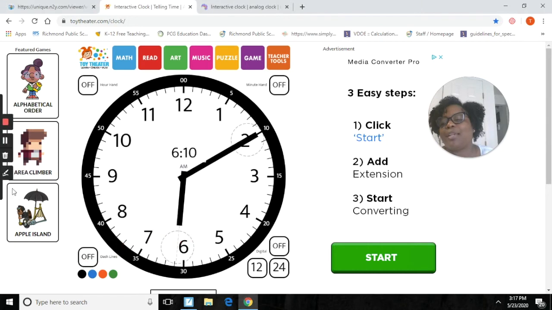Hold on. Let me take it off. Just because our hour hand is not pointing exactly on the 6 does not mean it's the 7 o'clock hour. No, it is still the 6 o'clock hour. So we do want to be mindful of that. All right, let's do our next time.